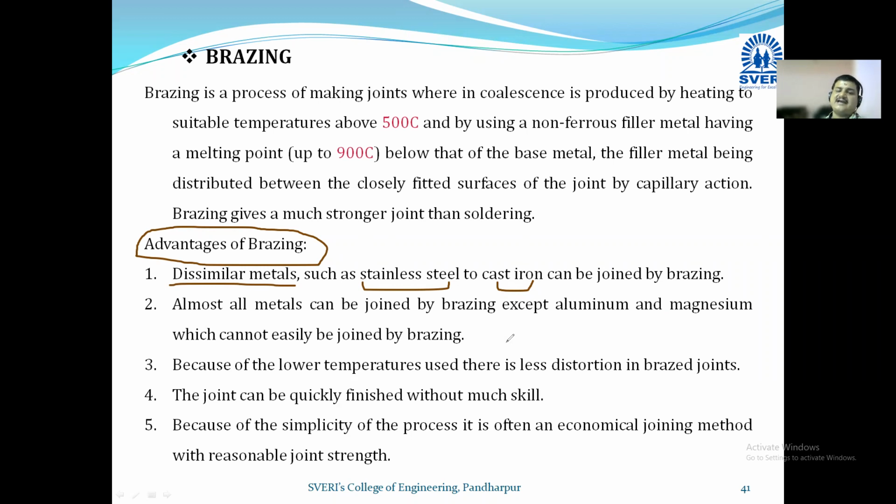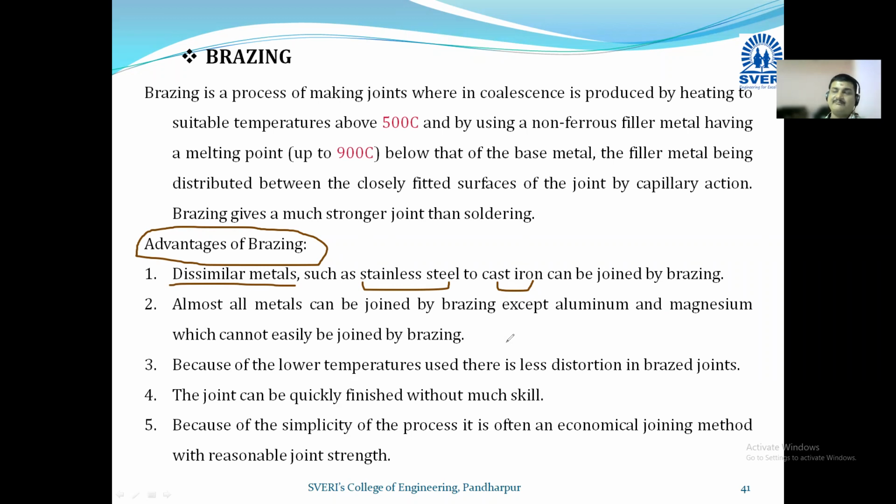Stainless steel is having very less corrosion and cast iron is having huge corrosion. So when you will braze the stainless steel material on the cast iron, then your workpiece will have very less corrosion.